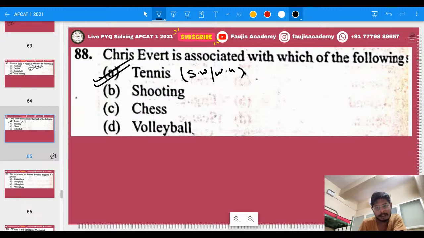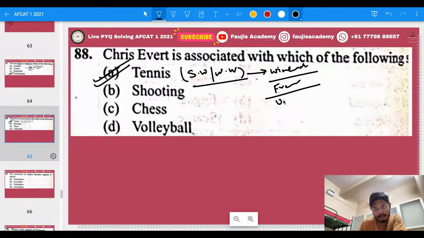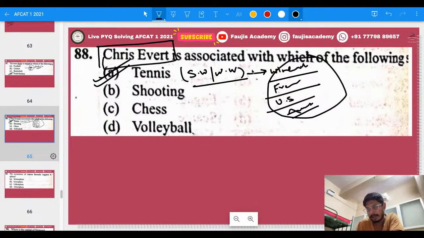These two female tennis players have won so many Wimbledon titles, French Open, US Open, Australian Open, and all that stuff. So Chris Evert has got the distinction of winning a huge number of these opens, and that is why she was in the news during those times.